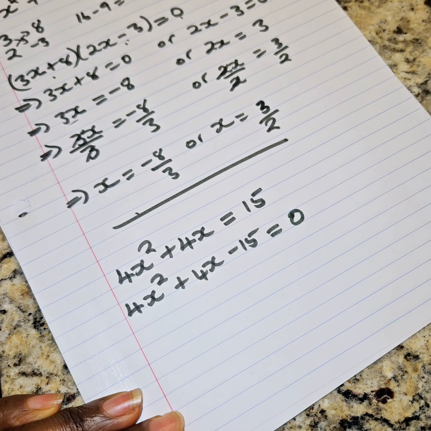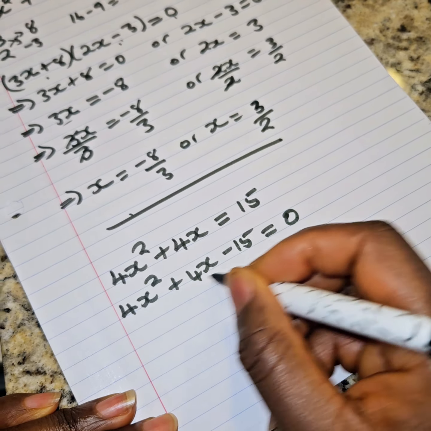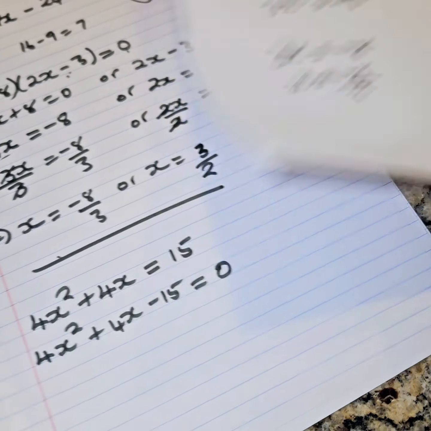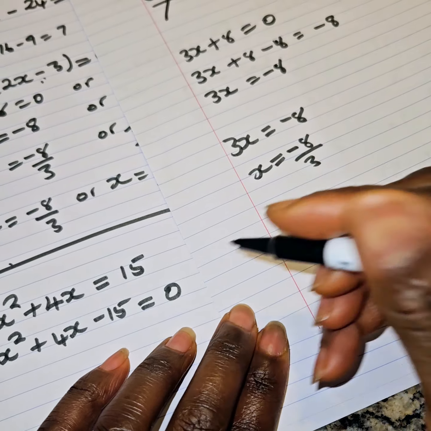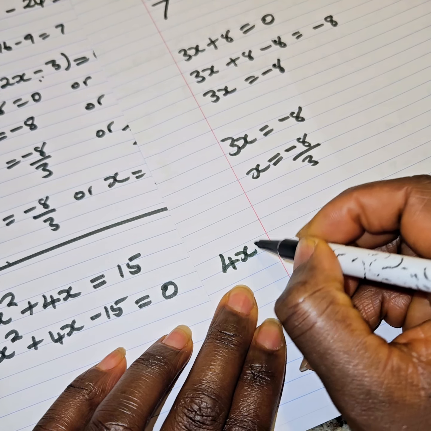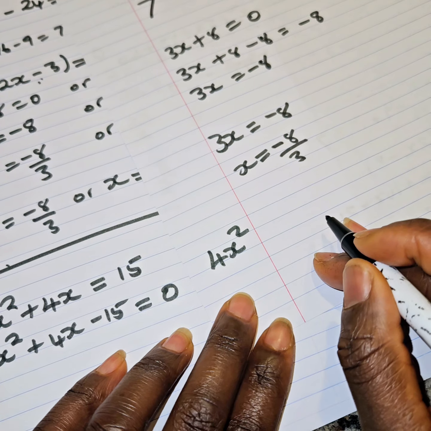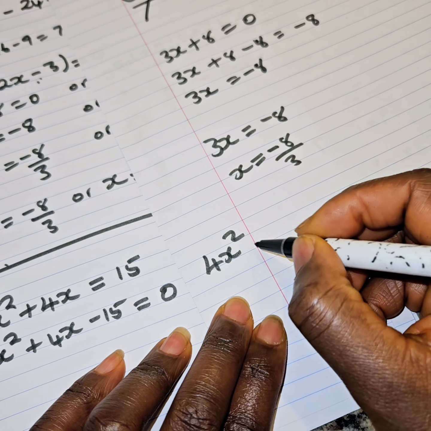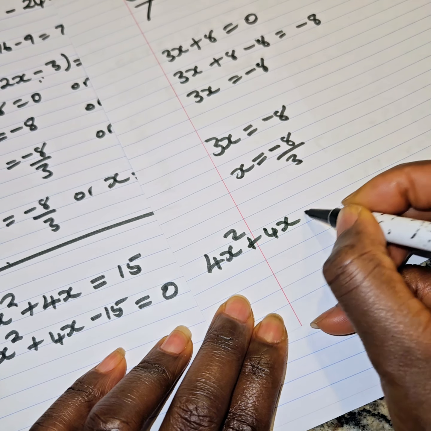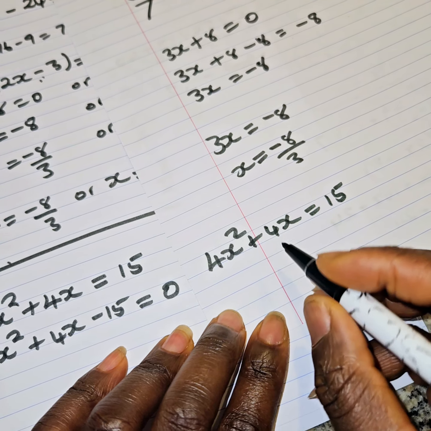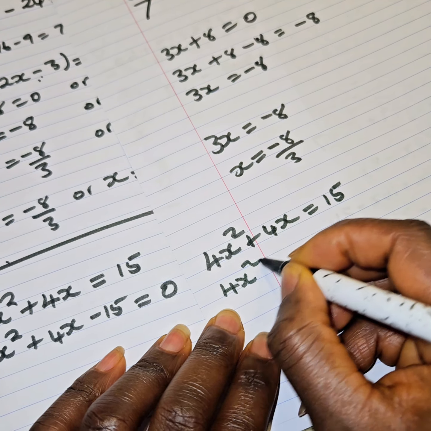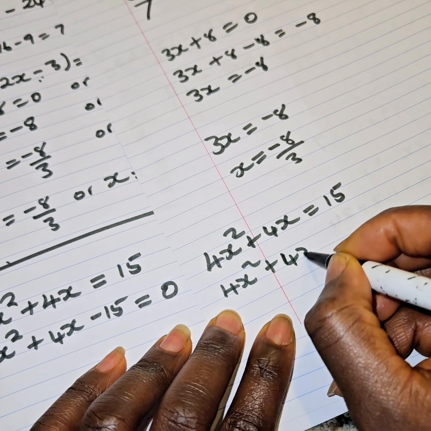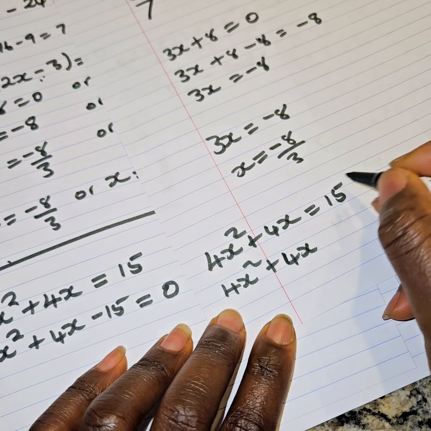But if this seems like magic for you, the simplest way to do that is: 4x squared plus 4x equals 15. So what should I do? 4x squared plus 4x minus, take away 15 from both sides.